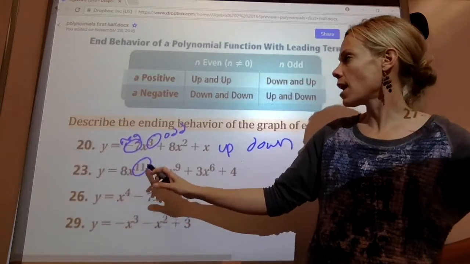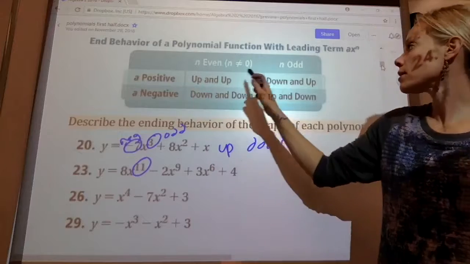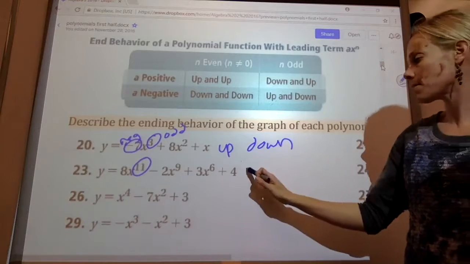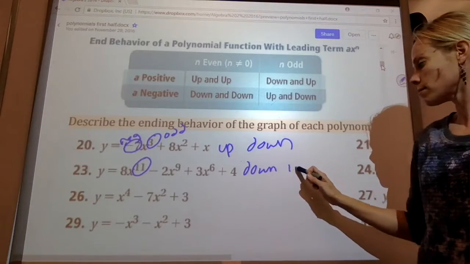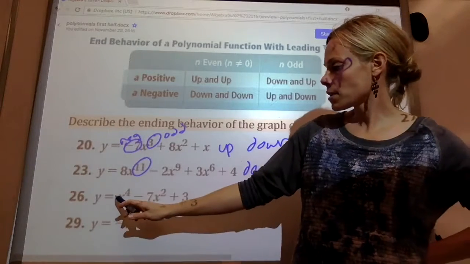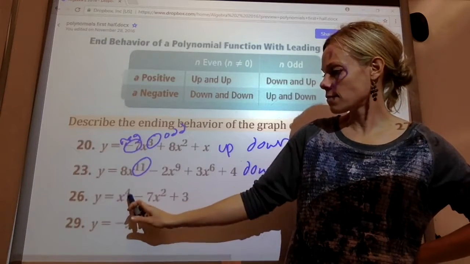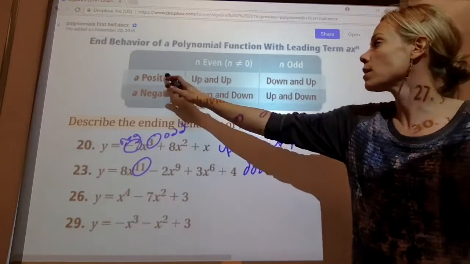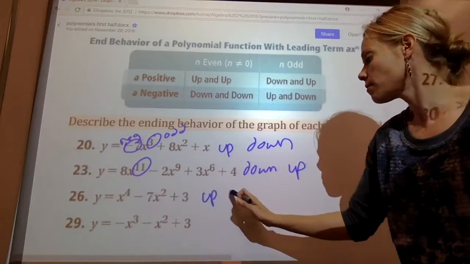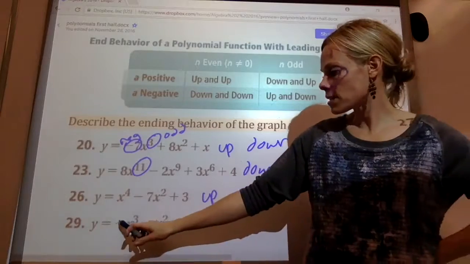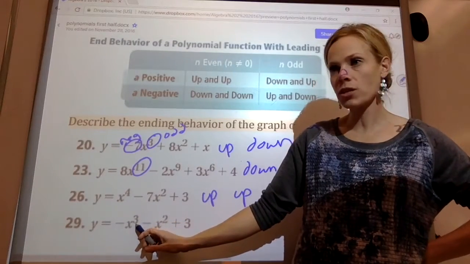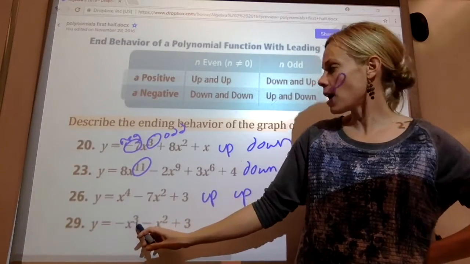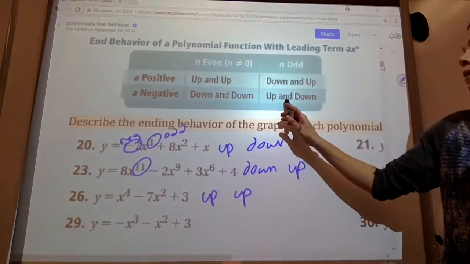So positive odd would be down and up. This one is positive, and it's 4, so even. So positive and 4 would be up and up. Good. And this one's a negative with 3, which is odd. So negative odd would be up and down.